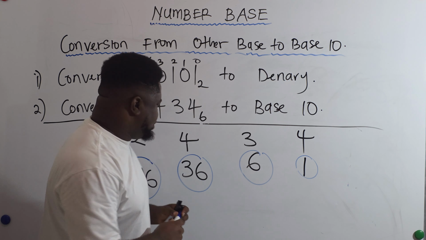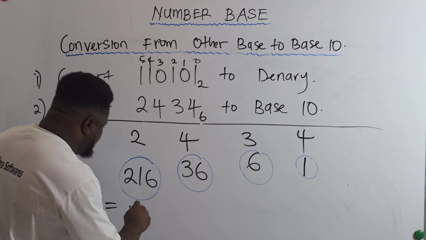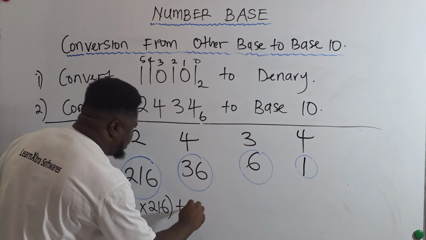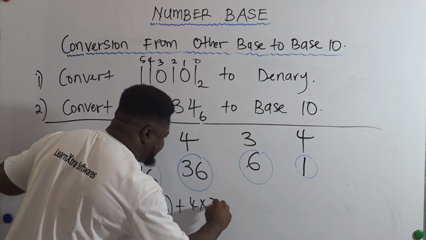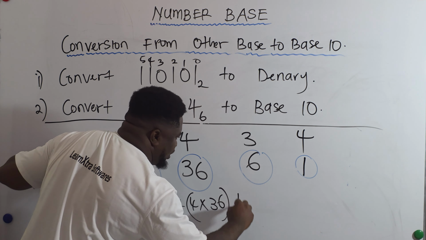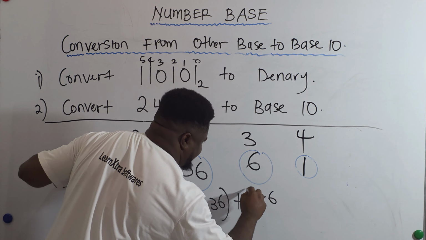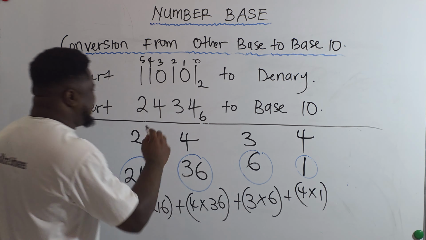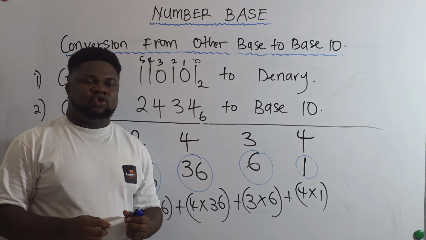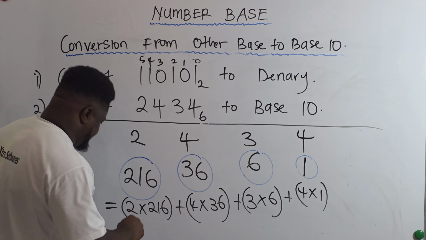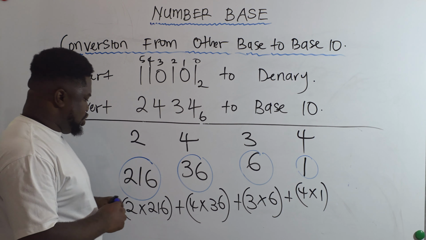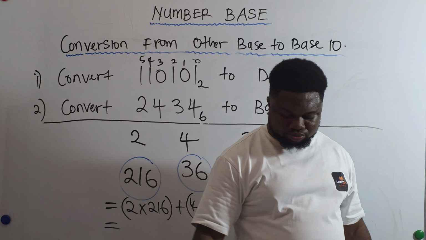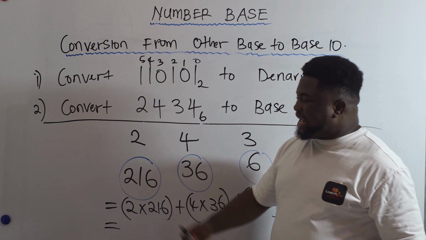So we'll be doing 2 times 216 plus 4 times 36 plus 3 times 6 plus 4 times 1. Multiply them first before we add. Sam, what is 2 times 216?